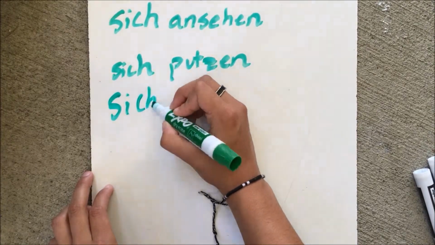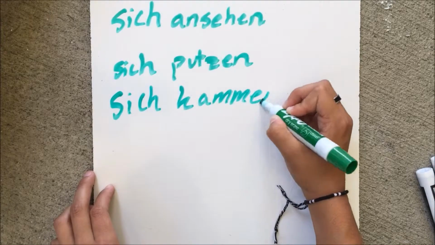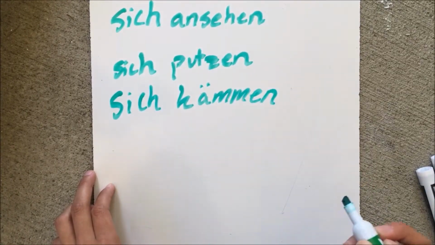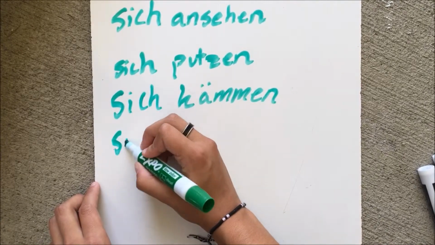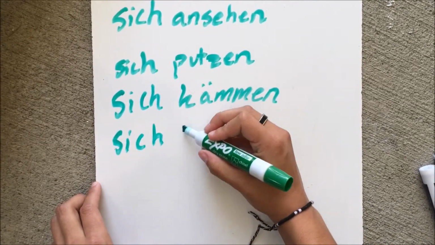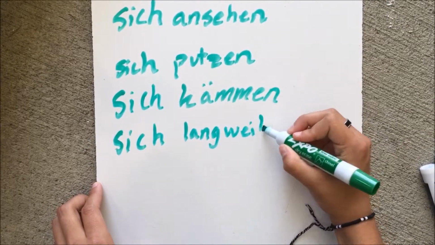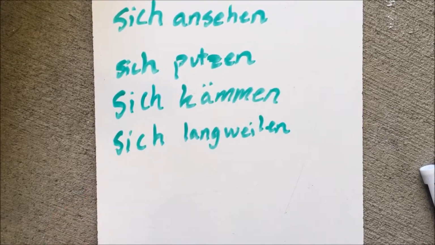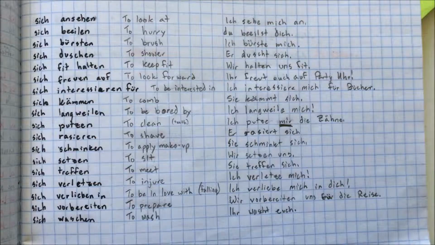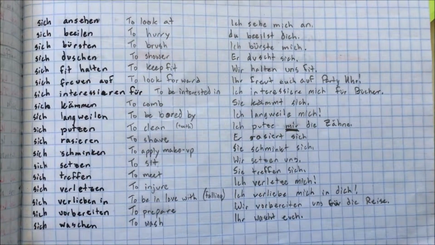Sich kämmen, which is to comb, as in to comb your hair. Or sich langweilen, which is to be bored by. Some other examples of reflexive verbs that you can use are shown here.